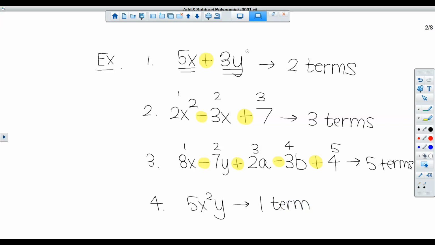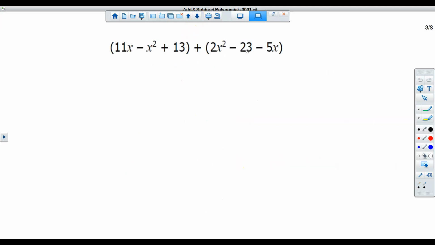He didn't connect to anybody else with a plus or a minus sign, so that means he's all on his own. So a polynomial. Poly means many. It has many terms, and the terms are the individual pieces that are connected by those plus and minus signs. Now, we're going to do a lot of things with these polynomials, but today we're going to add and subtract.